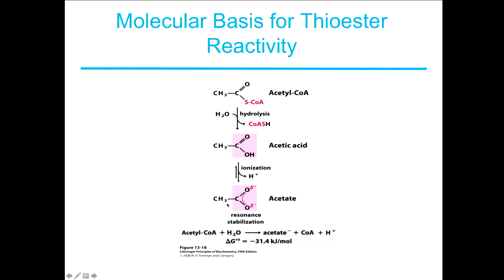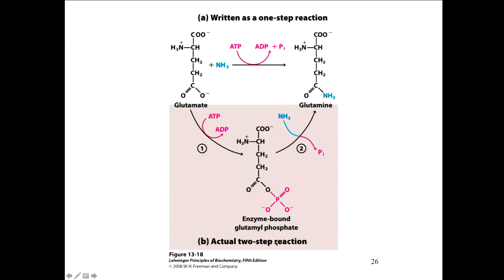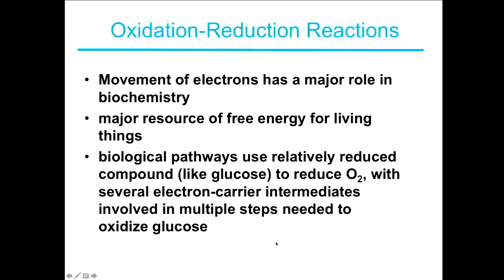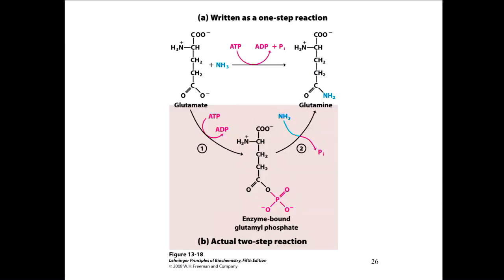So this acetate plus the rest of this molecule, again, it's kind of hard to go backwards through this to get the acetyl-CoA again. Certainly in an enzymatic reaction, it can be set up, it can be done, but it's a little more favorable to go this way, so the standard free energy of hydrolysis is negative 31.4.